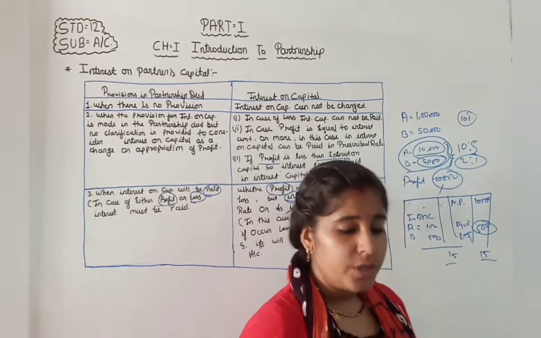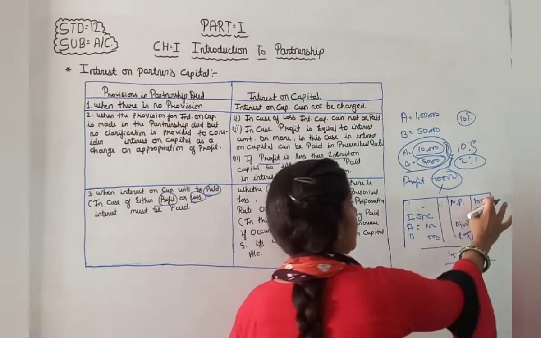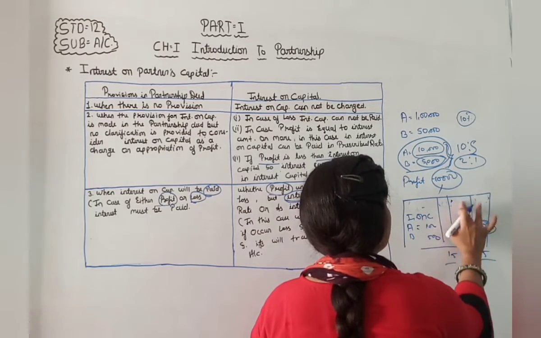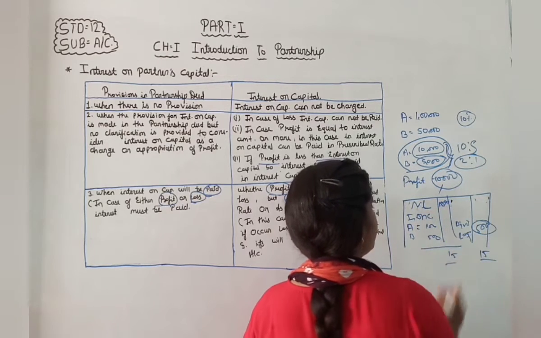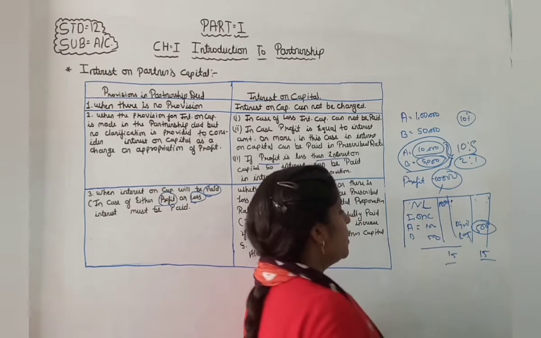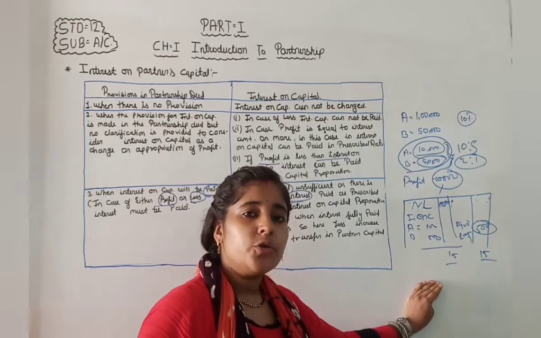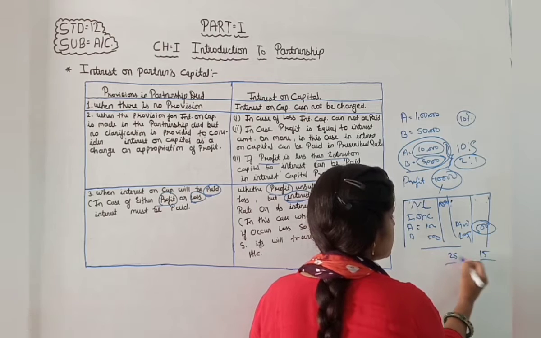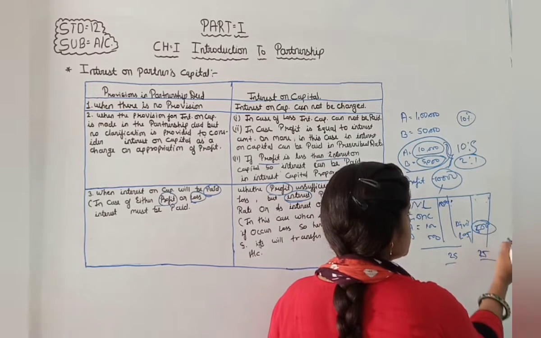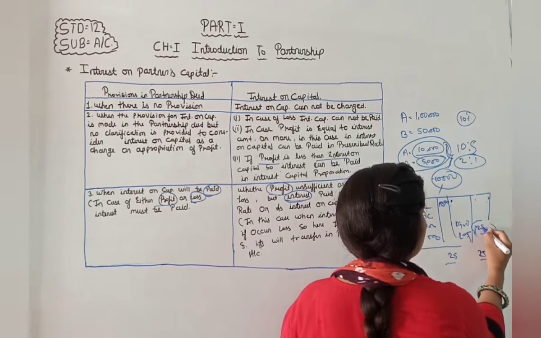And if you have a net loss of 10,000 and it is a must to pay interest on capital to partners, then 10,000 and 15,000 make 25,000, which is your divisible loss.